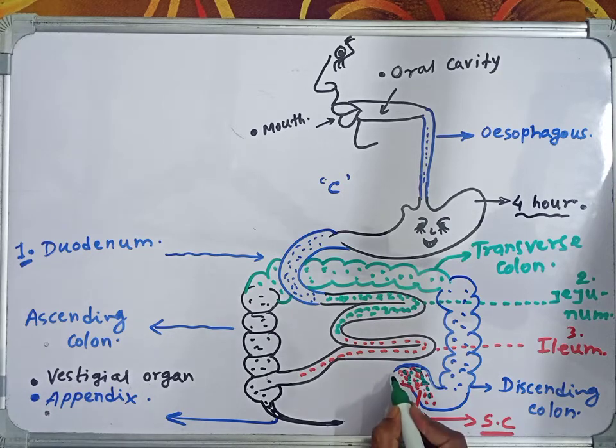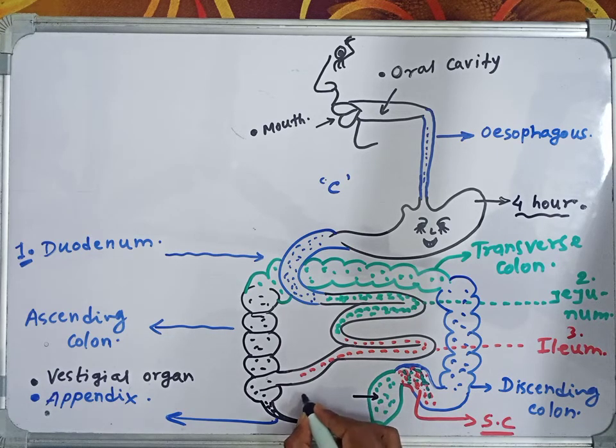After the sigmoid colon there is again a pouch-like structure, and this pouch-like structure of our large intestine is called the rectum, right? And the rectum finally opens into the anus, right?